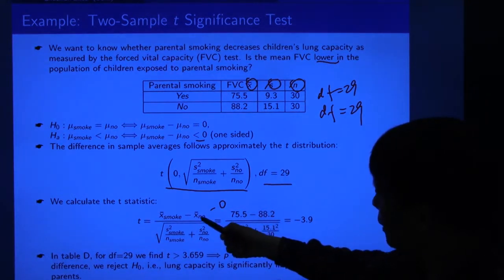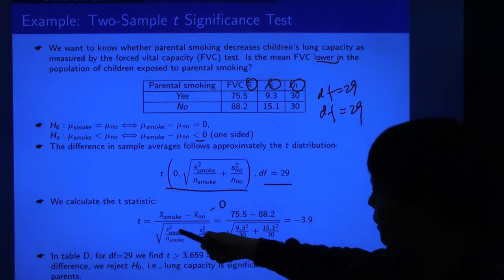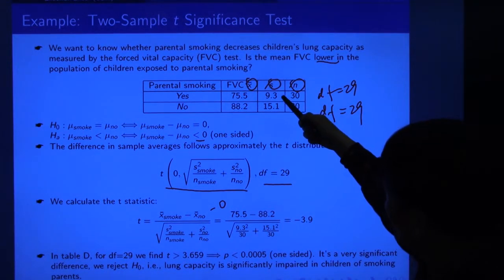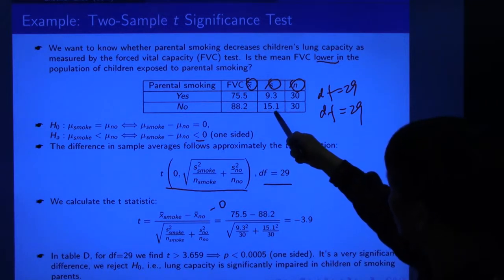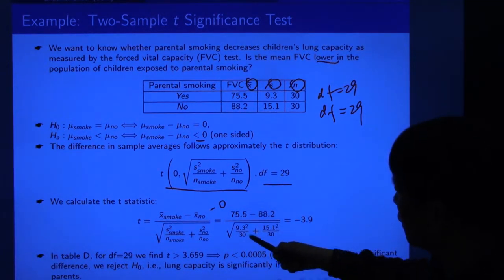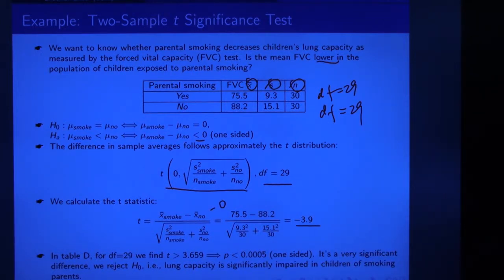75.5, and x bar non-smoking equals 88.2, and this s squared equals 9.3, and this n equals 30, this one equals 15.1, and this n equals 30, and take the square root. This number gives us negative 3.9.